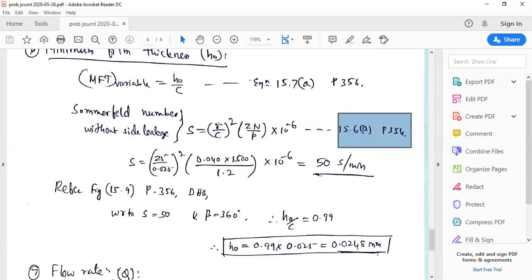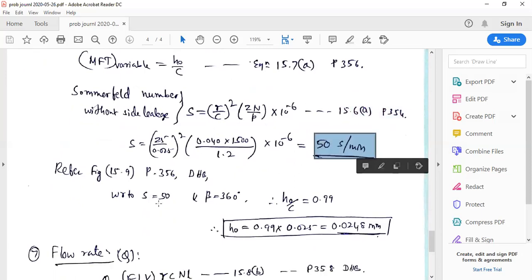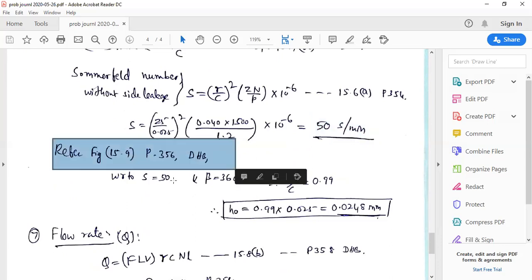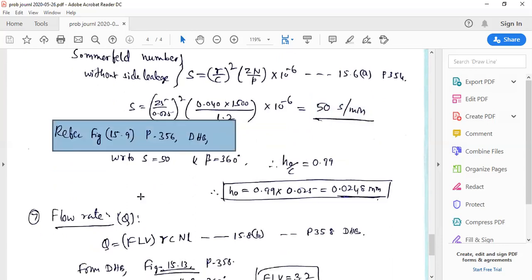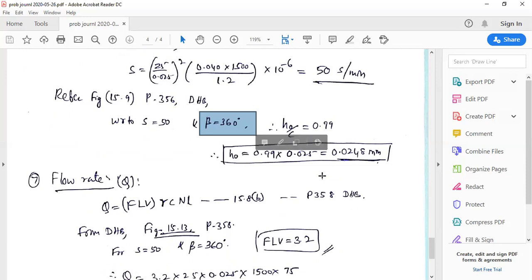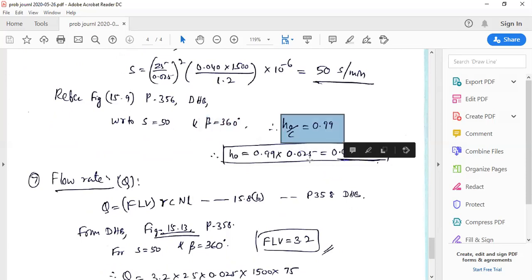Equation number 15.6a of page number 354 of the data handbook. So S is equal to R by C whole square into Zn by P into 10 raised to minus 6. So here what we get is that value as 50. So by referring to figure number 15.9 of the data handbook, page number 356, for the value of S equal to 50 and beta equal to 360 degrees, that is full bearing, H naught by C is equal to 0.99.